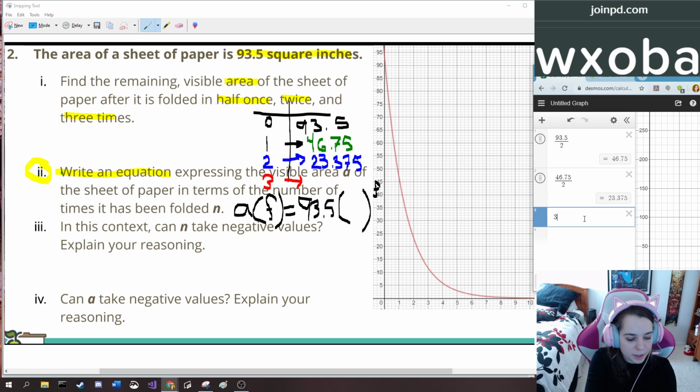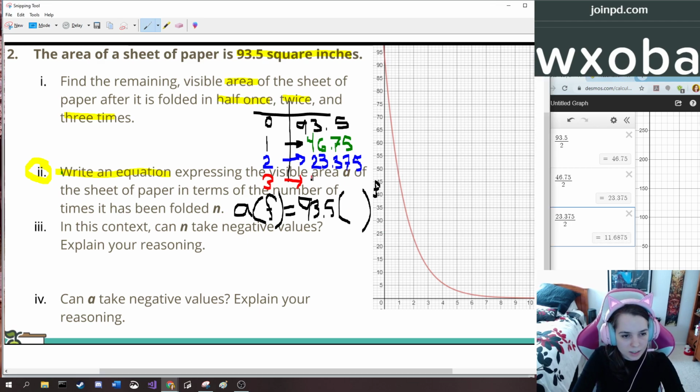And then we'll divide it by 2 again. Because now that my area is 23.375, if I fold it again in half, what's the new area going to be? Okay, you get 11.6875.